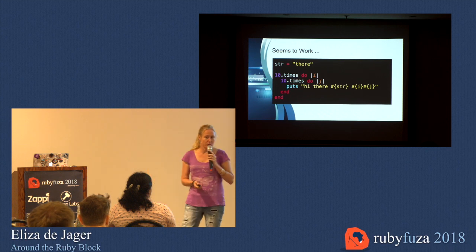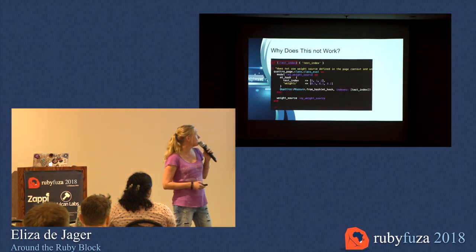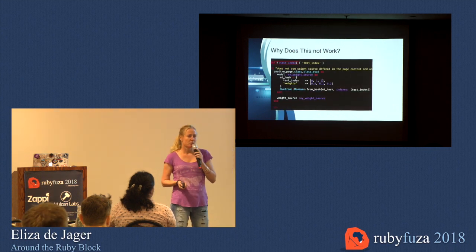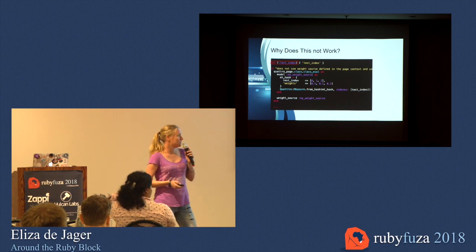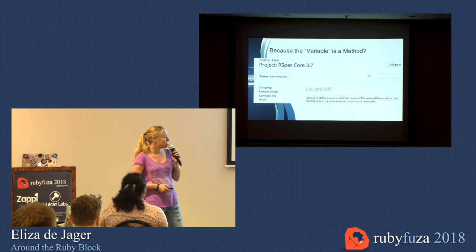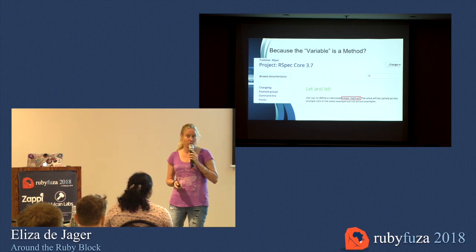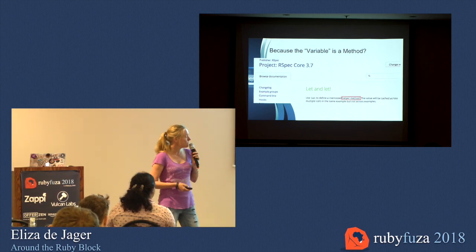So theory number two was maybe the problem was that I was using let over here to define test index. So I did a little bit of digging, and I found the following RSpec documentation that says that let actually defines a memoized helper method and not a variable, as I first thought.